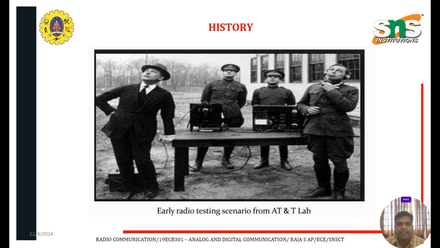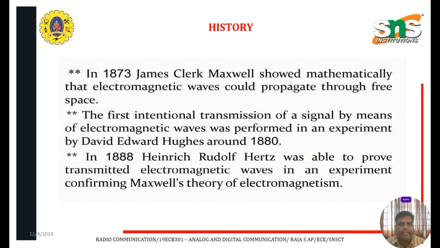So this is the history of how radio communication happened. This figure shows an early radio testing scenario from AT&T lab. In 1873, James Clerk Maxwell showed mathematically that electromagnetic waves could propagate through free space. The first intentional transmission of a signal by means of electromagnetic wave was performed in an experiment by David Edward Hughes around 1880.